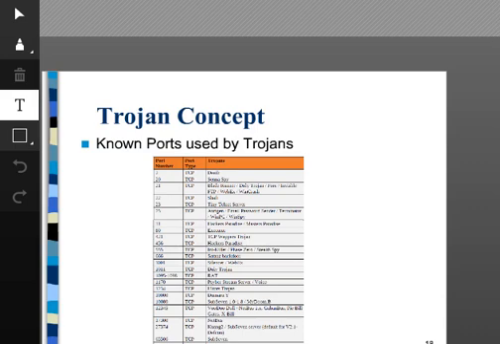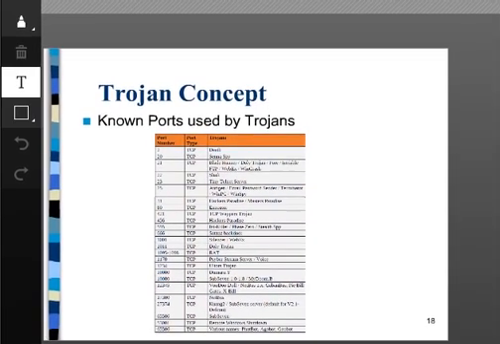Okay, you may be asked why we need this, for example, port number. You know that in this table you can see the well-known Trojans that are known by antiviruses.